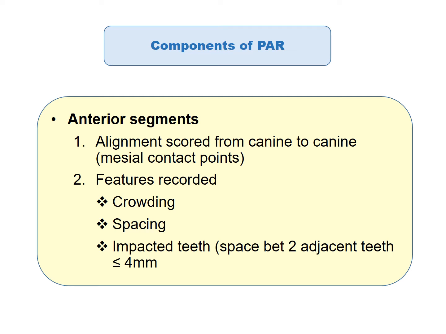Now, the anterior segments. The anterior alignment is scored from canine to canine using the mesial contact points of the canines. The features recorded in the anterior segments are presence of crowding, spacing, and any impacted teeth. If a space between two adjacent teeth is less than 4 millimeters, it's scored as an impacted tooth.